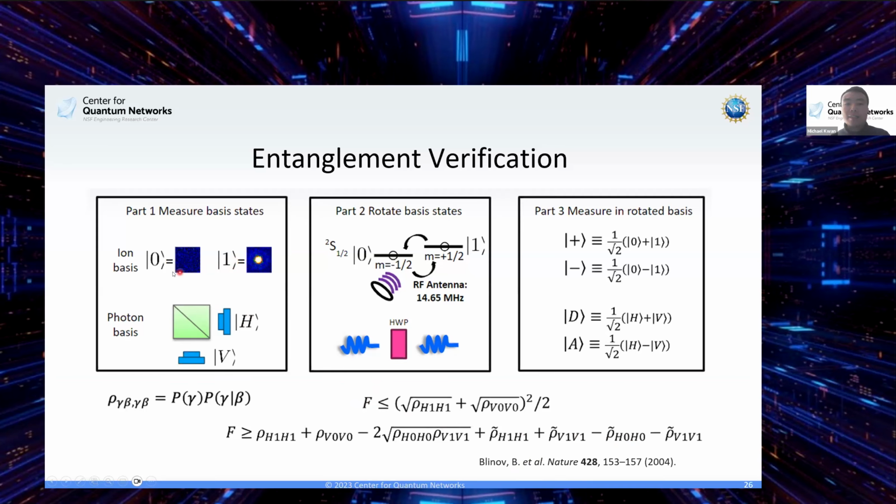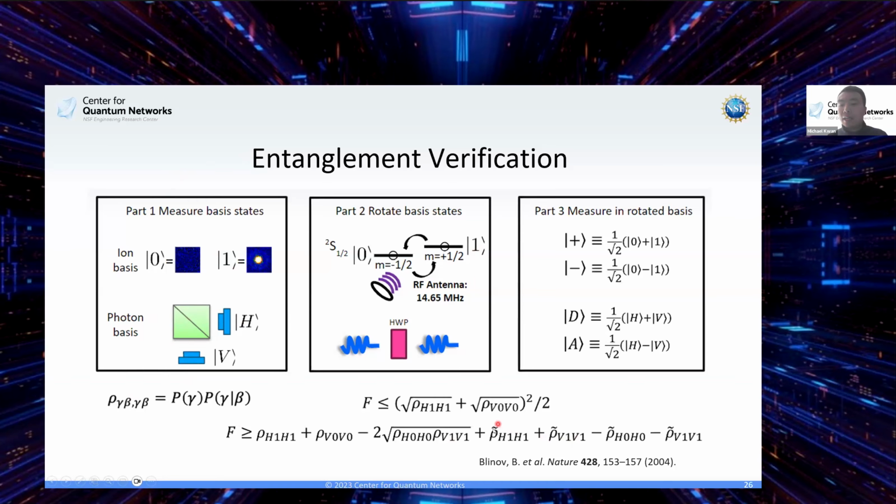What I mean by that is, in the original state, the ion basis is 0 for no fluorescence and 1 for yes fluorescence. And in the photon basis, it is H and V. And this is a beam splitter, which transmits H and reflects V. So you can discriminate between the states in the original unaltered basis.